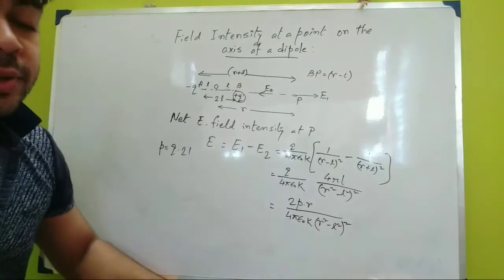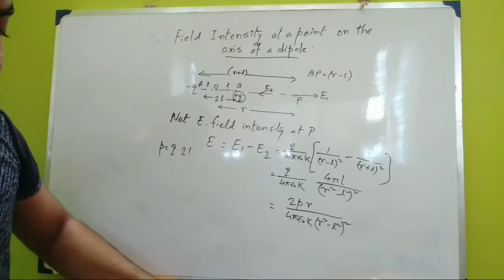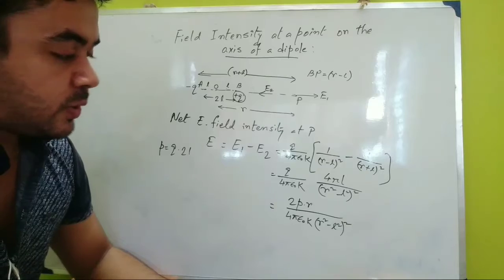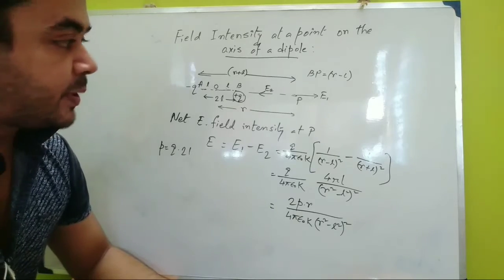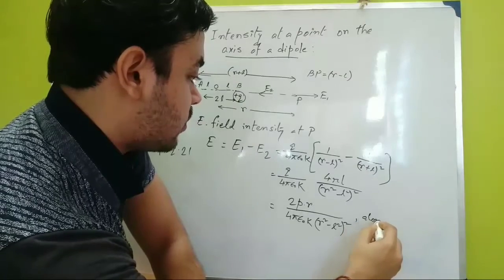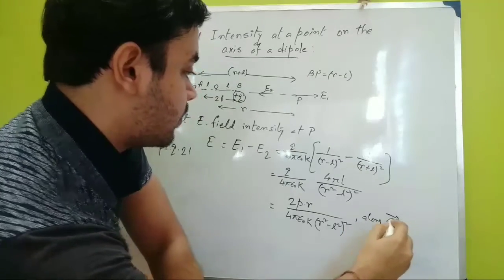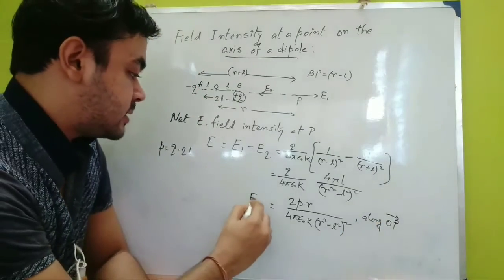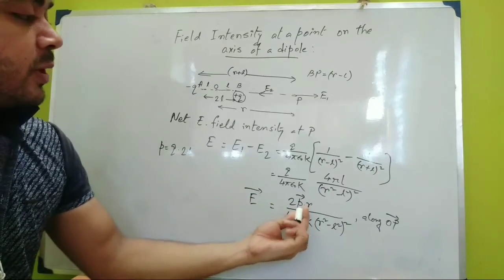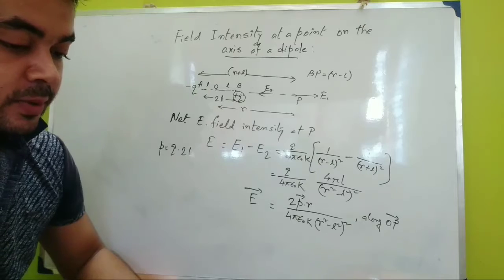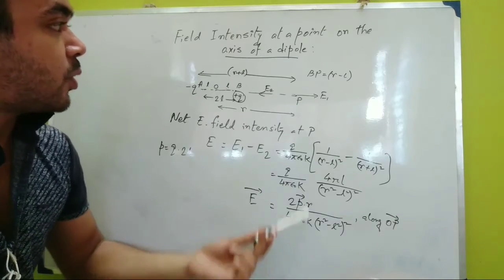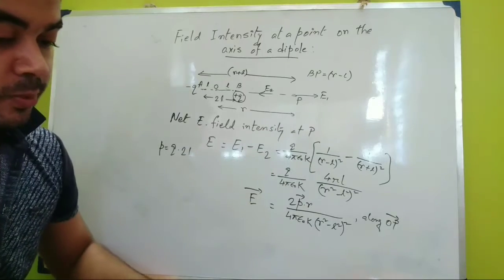This will be along OP. This is the electric field intensity, a vector quantity, and this is the dipole moment, which is also a vector quantity, right? This is the vector form of the electric field intensity at a point on the axis of a dipole.